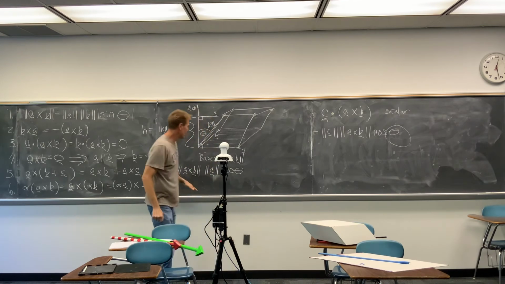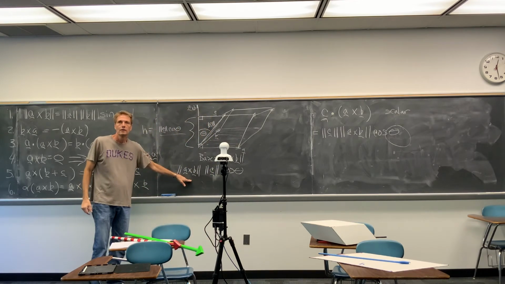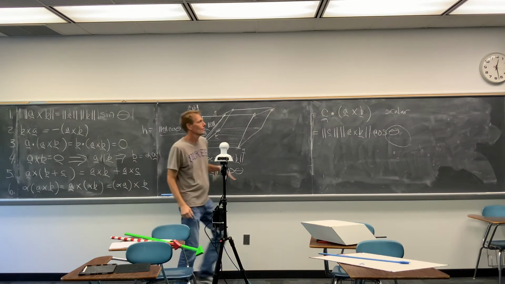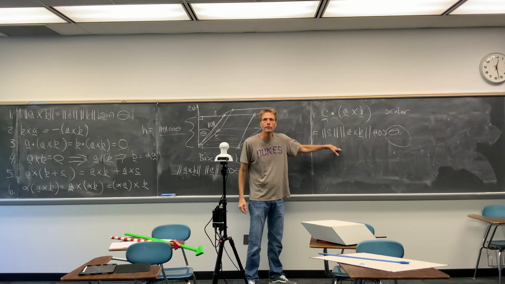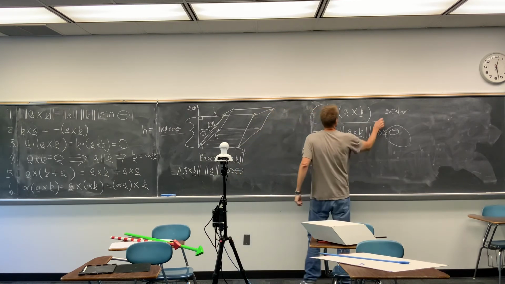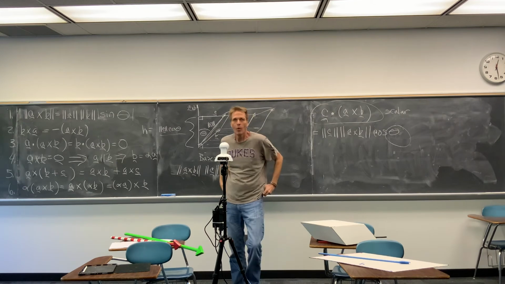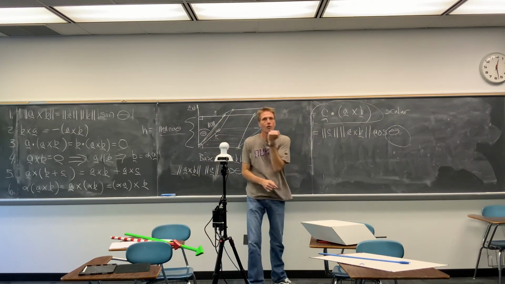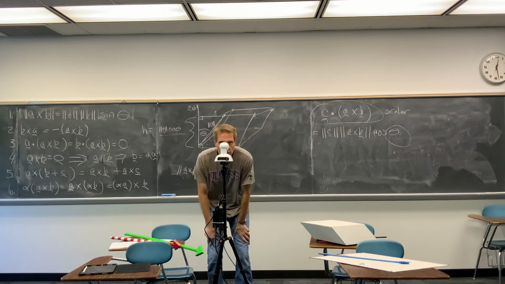Do you see this anywhere else in the room? Oh, Dr. Warren, that's what we got from our law of cosines. So what does this scalar relating our dot product and our cross product represent?